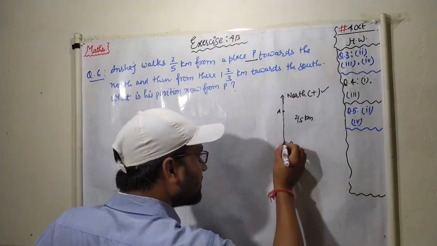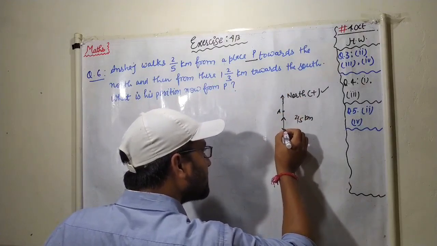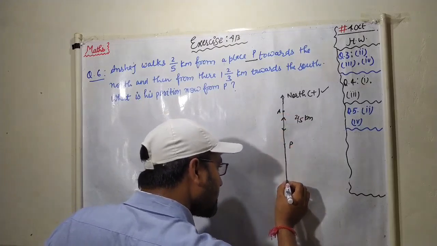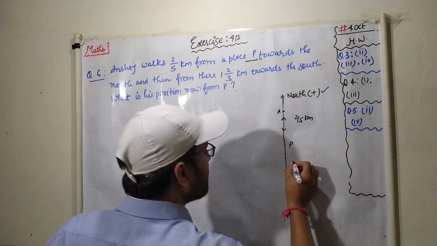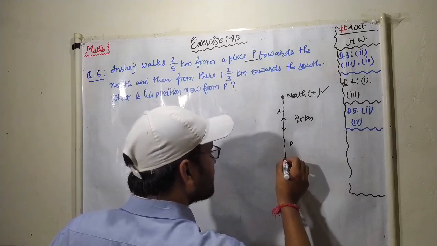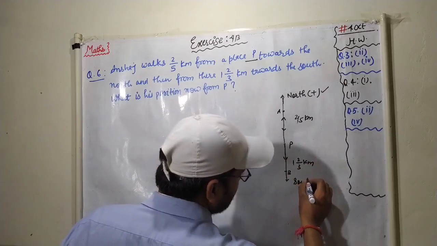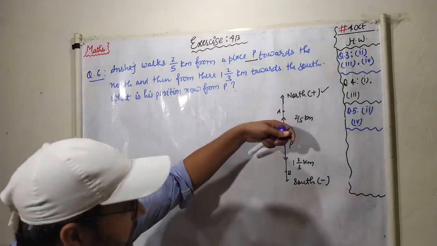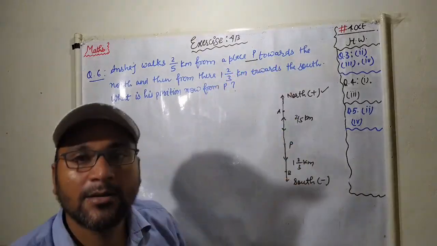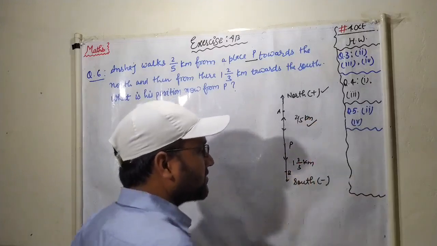Okay. So firstly it goes in this direction and then it will return to this place, point B. This one is 1 whole 2 by 3 kilometer towards south. We use a minus sign, opposite of plus, then it is a minus. So this quantity is in minus and this one is in plus, students.